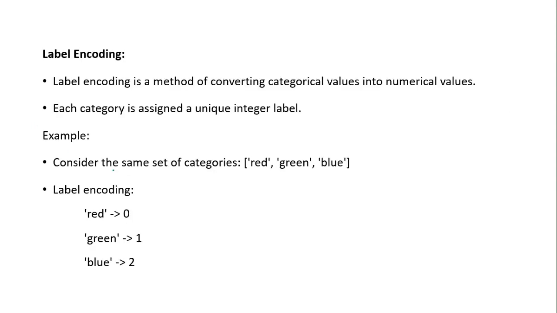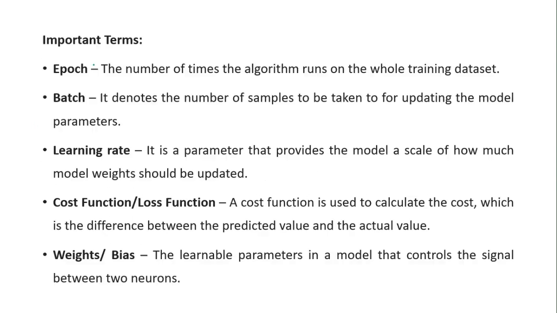What is one-hot encoding and label encoding? I will try to introduce some of the important terms which will come across while we discuss deep learning and neural networks. These things we will discuss for now, and we will wind up the session.